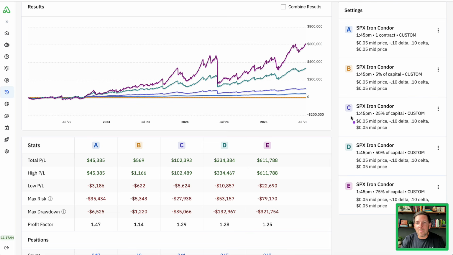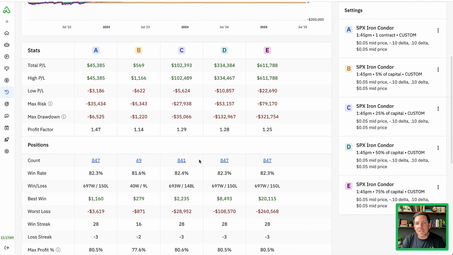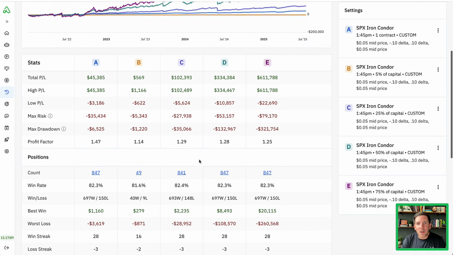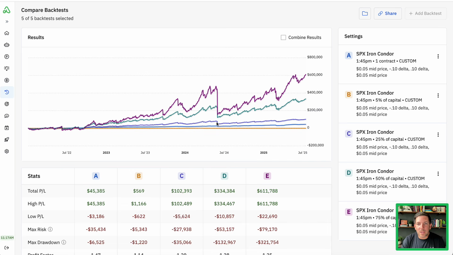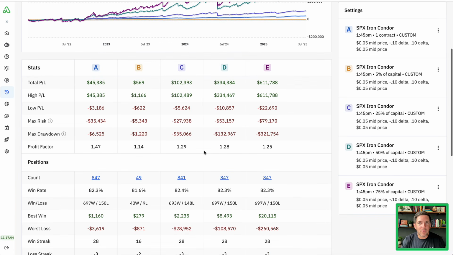All right, number C, we started to do the other ones, which was 25% of capital. Now this one's interesting, where 25% of capital definitely made a lot more money, but what's important is looking at the curvature of the actual payoff diagram, which only gets magnified with more capital, and really asking yourself if you can trade through these scenarios.